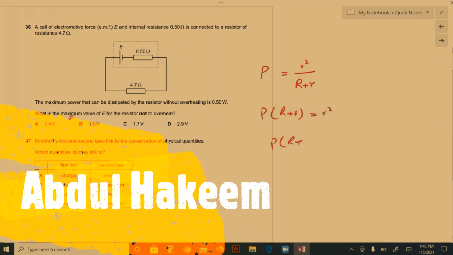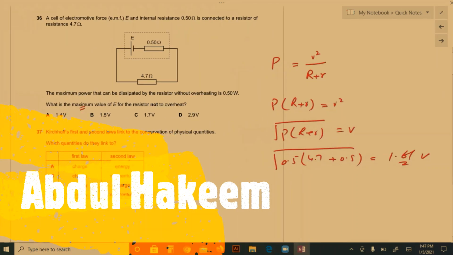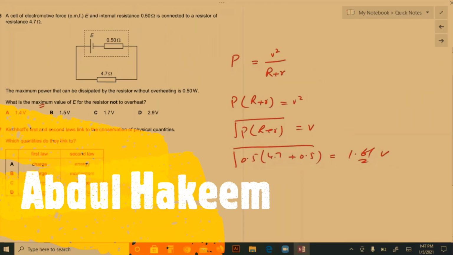So power times (R plus r), and the whole under root, is V. So the power is 0.5, external resistance 4.7, internal 0.5, then under root, it is approximately 1.61 volt, but we have to select the maximum value of the E. So the maximum value of the E close to 1.61 will be 1.7. So this is the option 1.7, C is the answer.